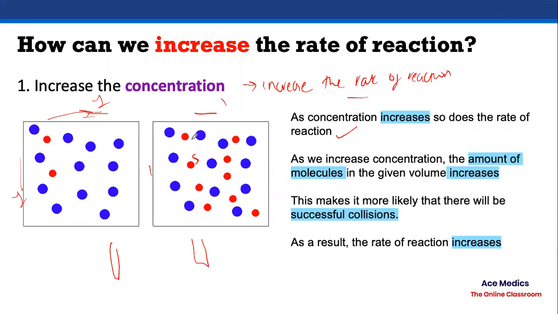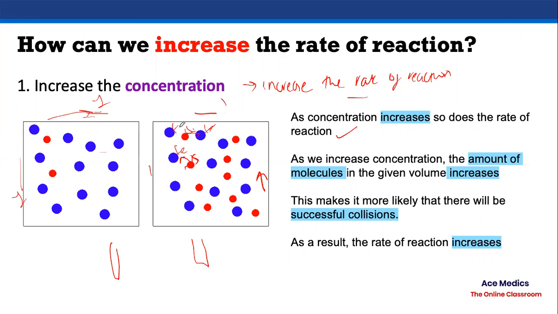So in a given volume, the amount of molecules has increased. This means that there's more likely to be a successful collision. Why is that? Because when you put more things in the same space, we have more of these sulfur atoms, so the iron and the sulfur are more likely to collide together.